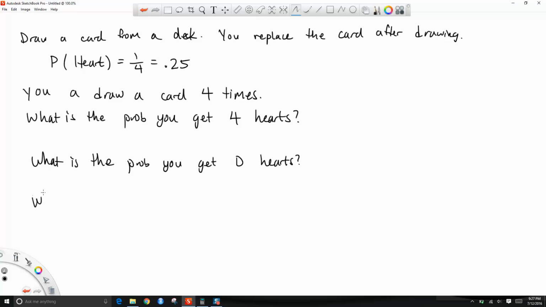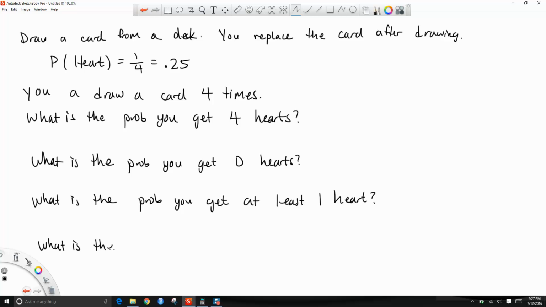What is the probability you get at least 1 heart? And what is the probability the last card is the first heart you see?